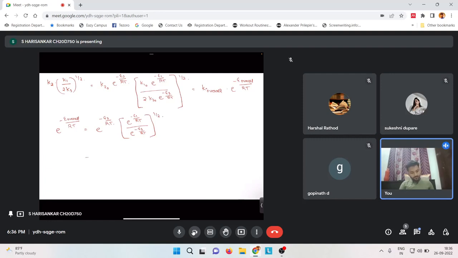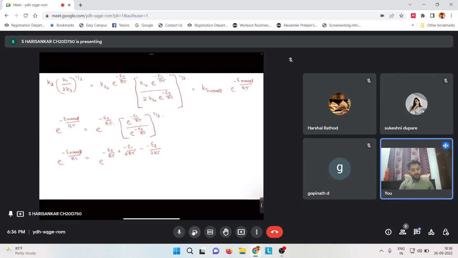So we can write this as e^(-E2/RT plus (-E1/RT) raised to 1/2), so -E1/2RT, minus (-E3/2RT). So this will be equal to e^(-E overall/RT).